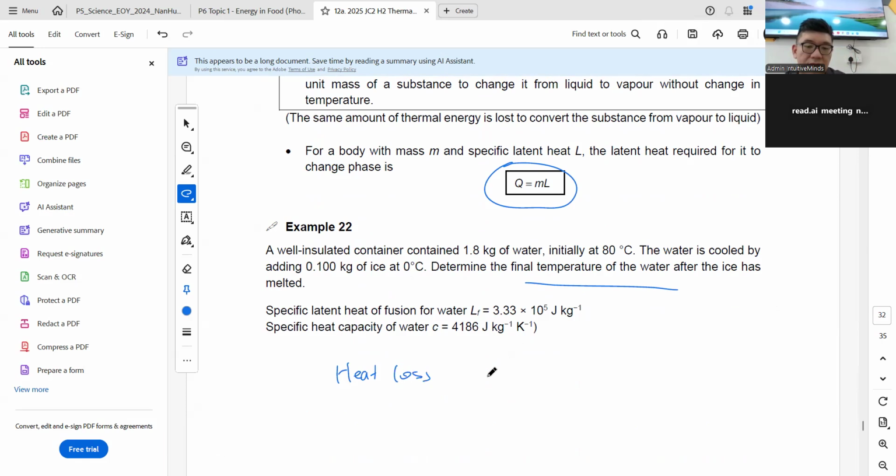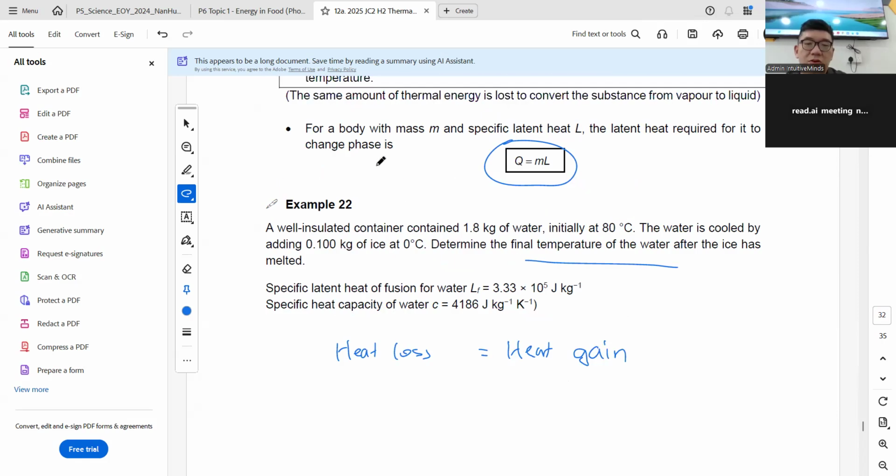Heat loss here goes to heat gain. Come out with the equation first. So when you see two objects, two substances, this is substance 1, that's substance 2, and their temperatures are different. That's when you know it's a heat gain or heat loss. That's when you know that you need this equation.